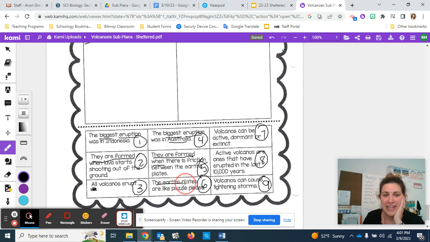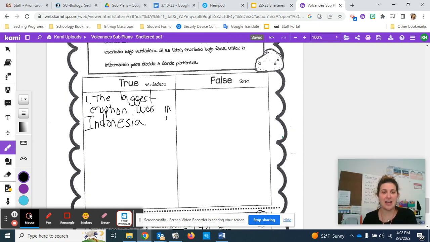The Earth's plates are like puzzle pieces. Volcanoes can be active, dormant, or extinct. Active volcanoes are ones that have erupted in the last 10,000 years. Volcanoes can cause lightning storms. Necesitas escribir las nuevas frases en las cajas. Si la frase está verdadero, escribir aquí. Si está falso, poner aquí.